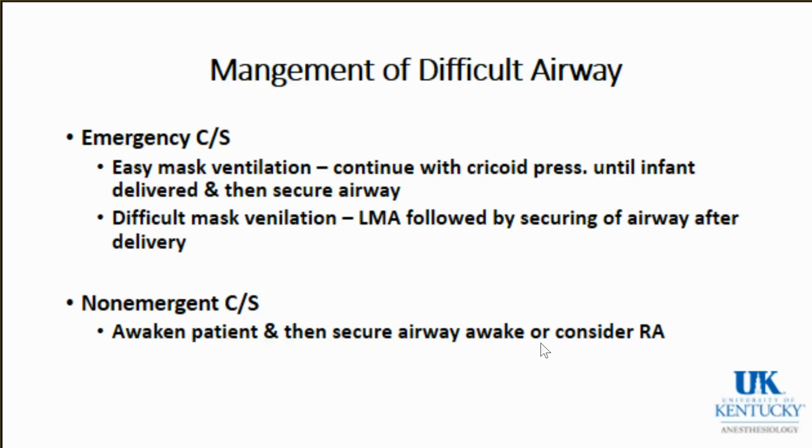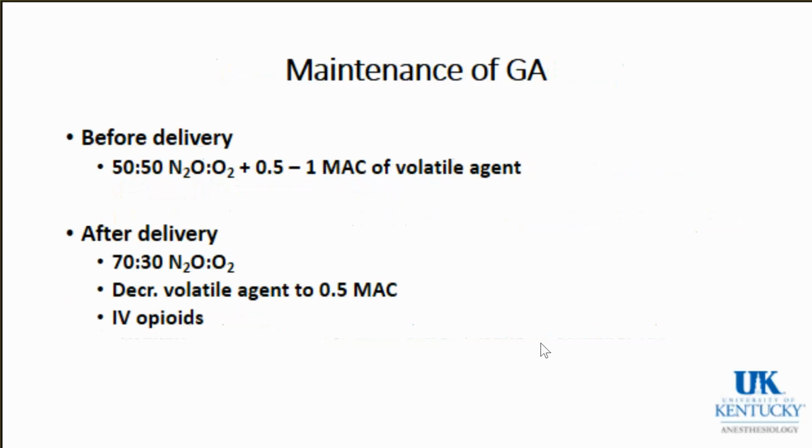Once the baby's delivered, then you need to get the airway secured in a better manner. If it's a difficult mask ventilation and the baby's in extremis, I think most of us would recommend that you place an LMA to be able to ventilate until the baby's out, and then again get a more secure airway. But if it's non-emergent, generally probably the correct answer, if it's your choice on the test, is that you awaken the patient and then go with another option for your anesthesia.